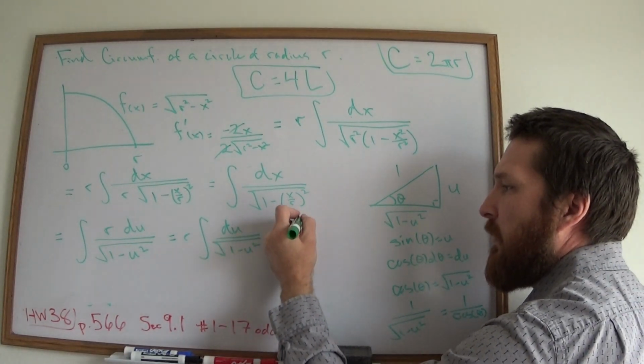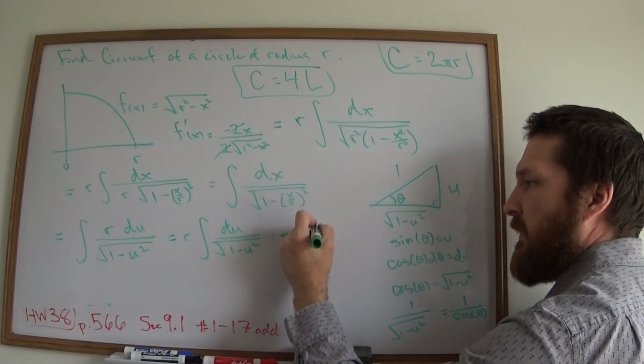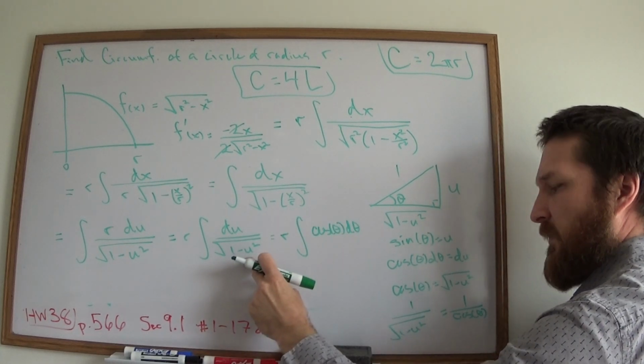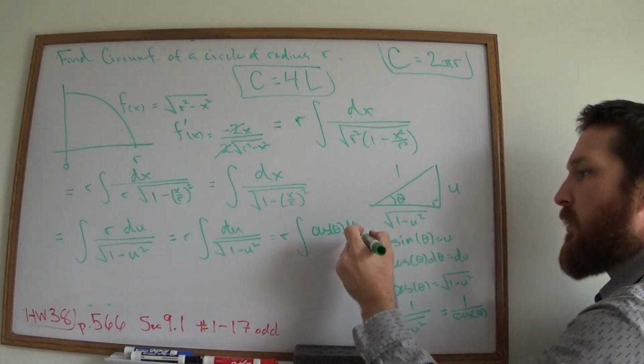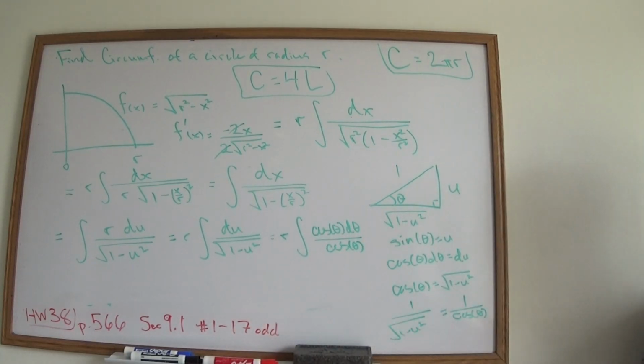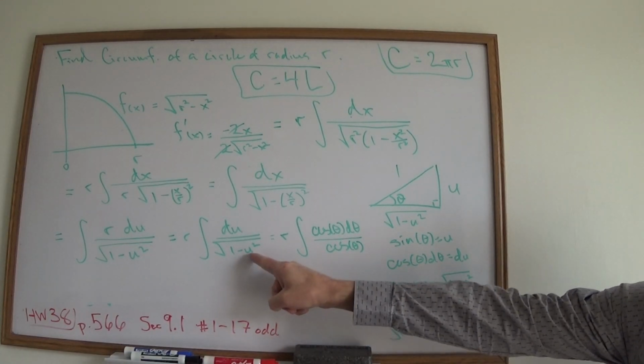Because I get my r. I get my du, which is cosine theta d theta. Oh no, it just cancels. 1 over that is 1 over cosine. Or I could just look at it and go, that thing right there is that thing right there.